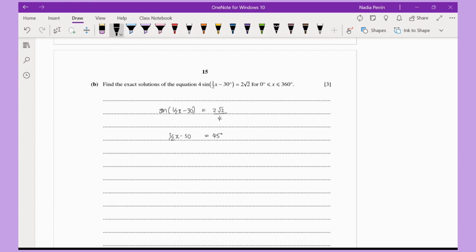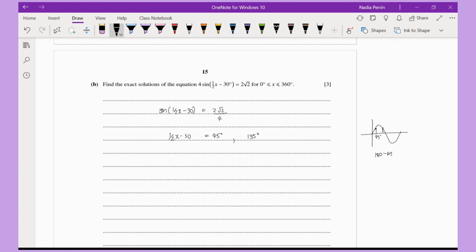And that's okay for a GCSE level, but we're now at AS, so we need to know that there are more than one answer. So if we just think of the normal sine graph, we know that if it's going to be an answer at 45 degrees, there's also going to be an answer here. So that second answer is going to be 180 minus 45, simply because of the symmetry of the graph. So we're also going to have an answer of 135.